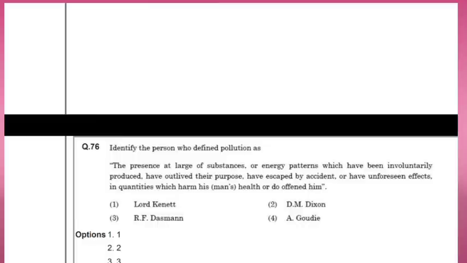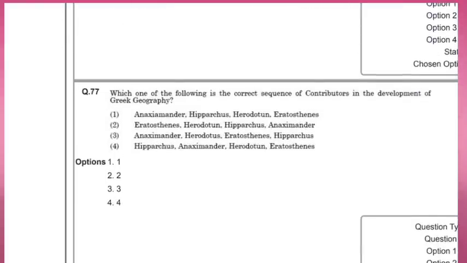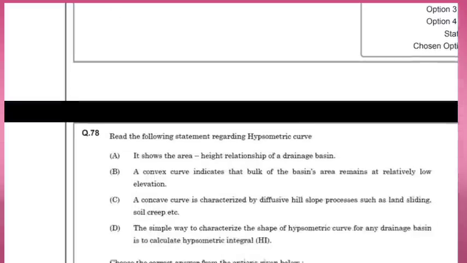The answer is Lord Kenneth, option 1. Next question: which of the following is the correct sequence of contributors to the development of Greek geography? Option 3 is the right answer: Anaximander, Herodotus, Eratosthenes and Hipparchus.